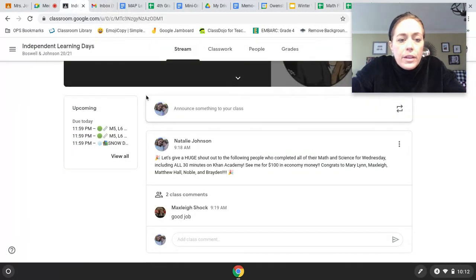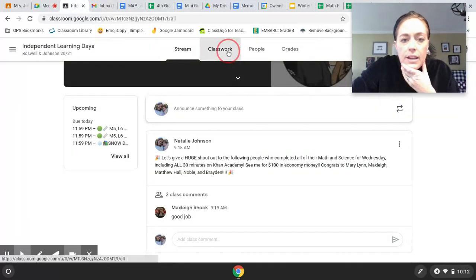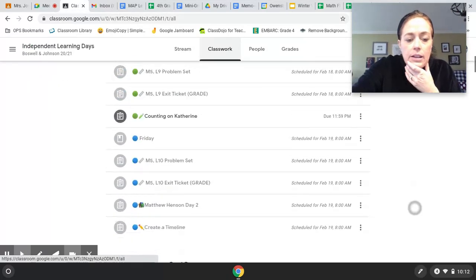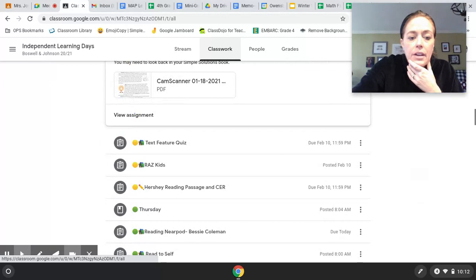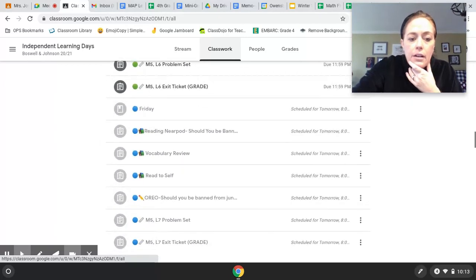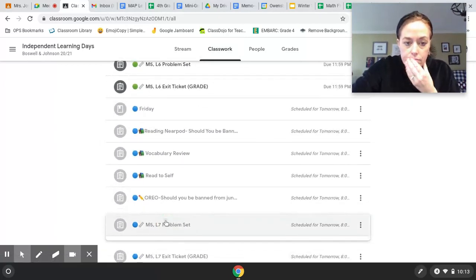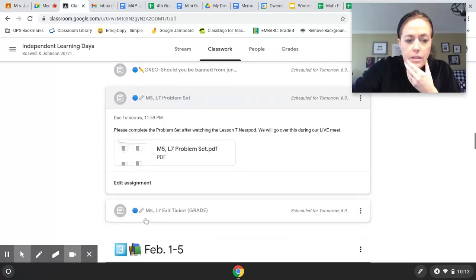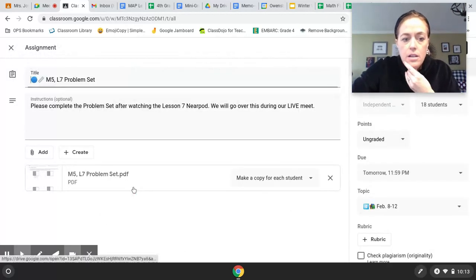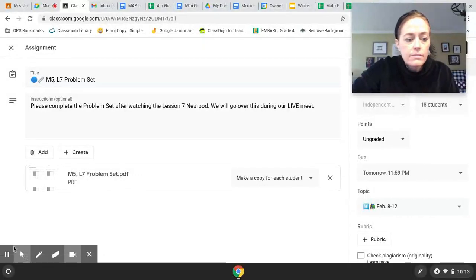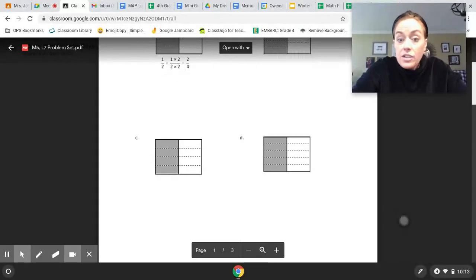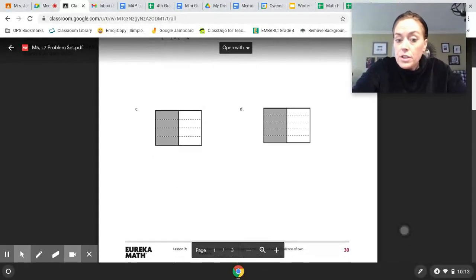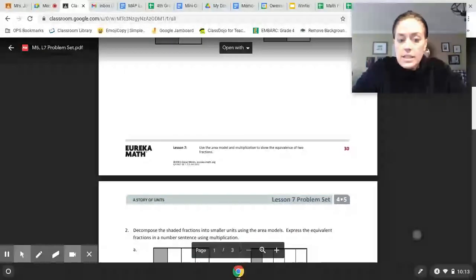So if we go into the problem set for Friday, give me just a second. Oh, C and D have also already been decomposed for you, so you just need to write the multiplication sentence.